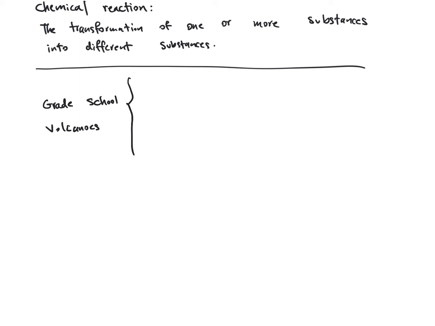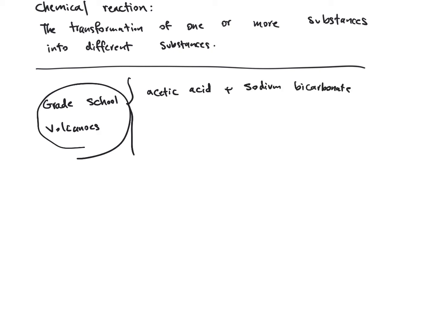And I'm going to talk about chemical equations more at the end of the session. But in general, in this example about acetic acid and baking soda, the experiment that we just saw, we have acetic acid reacting with sodium bicarbonate, which is basically baking soda.